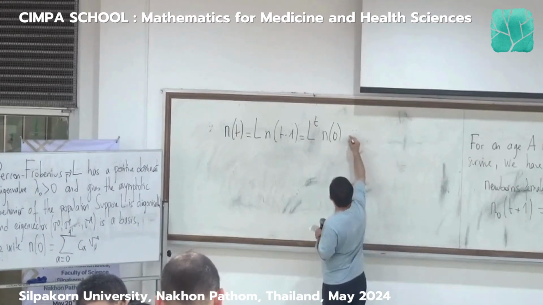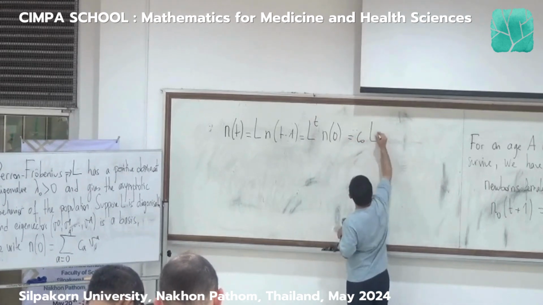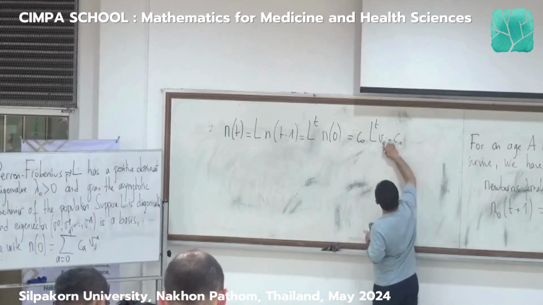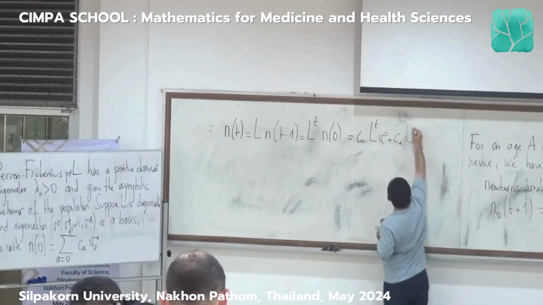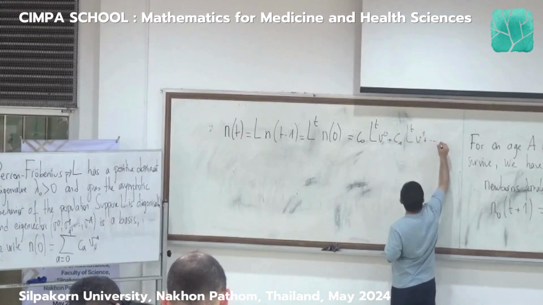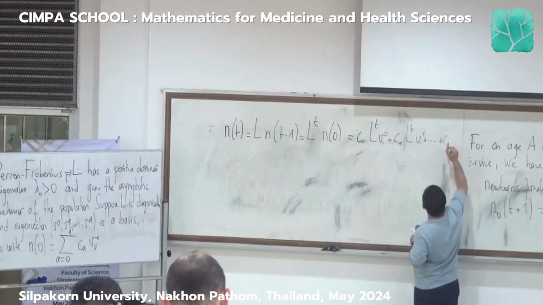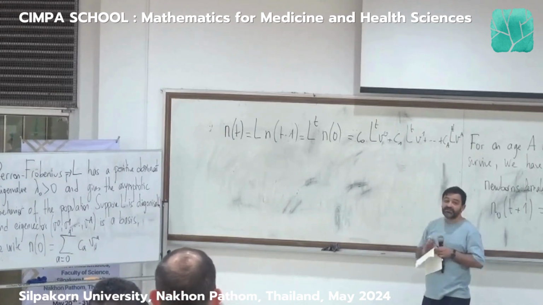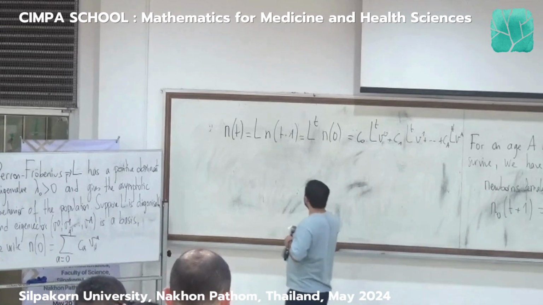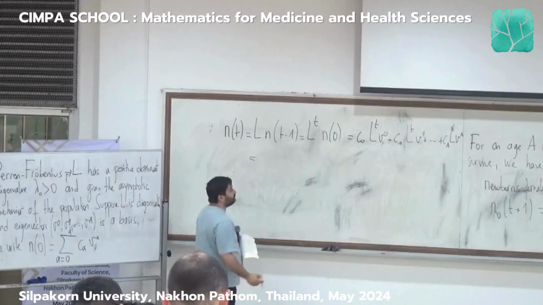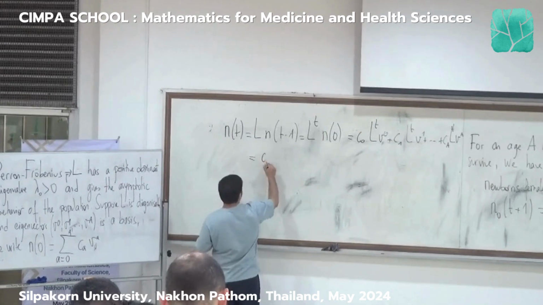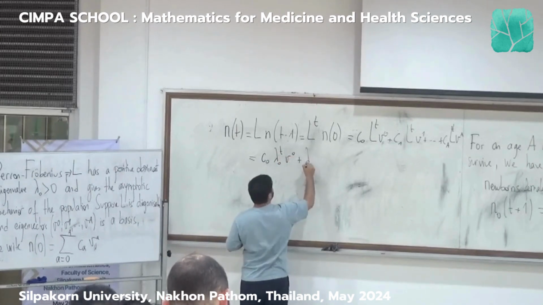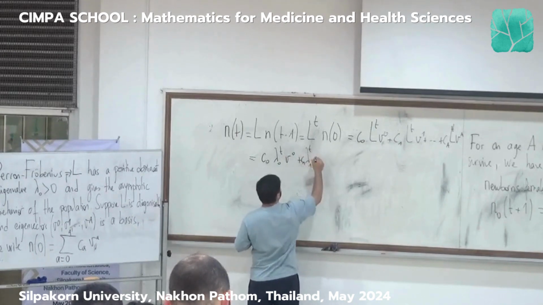So what we have is C0 λ0 to the power t v0 plus C1 λ1 to the power t v1. The C are just coefficients. Since there are the eigenvectors, instead of having a matrix, I will have just the coefficients.